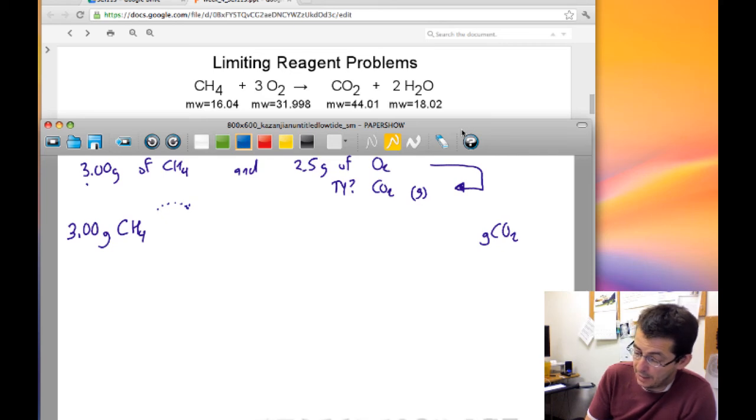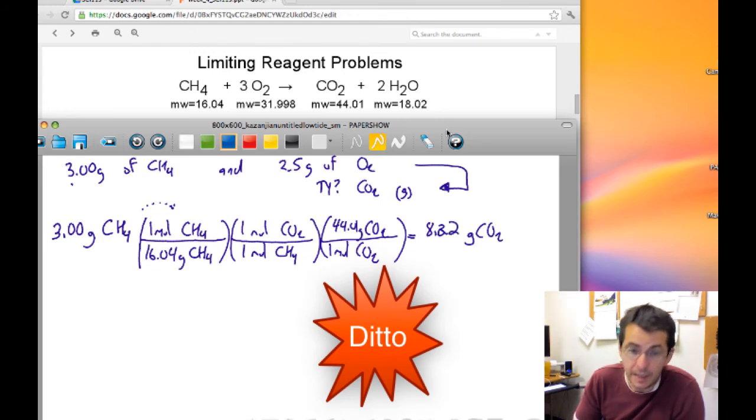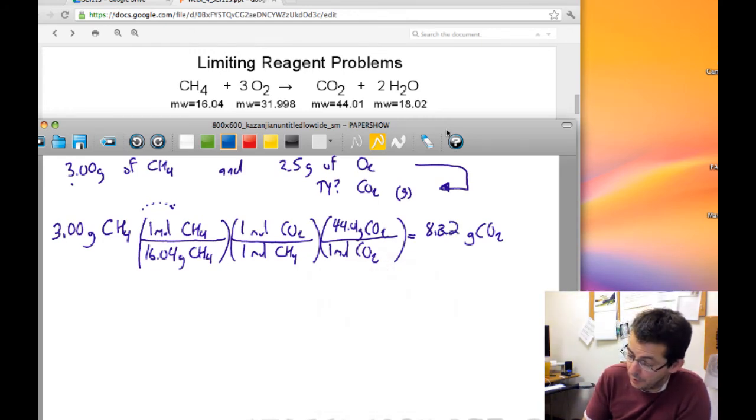Theoretically, that can be made assuming there is enough of all of the reagents. I'll let you set that one up. 8.23 grams of CO2 can be made only considering the CH4.